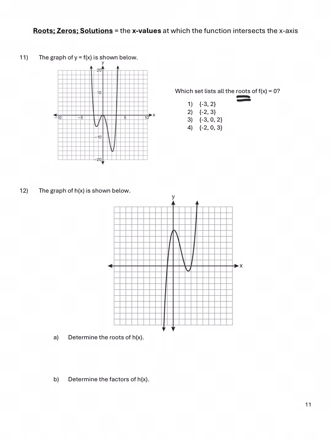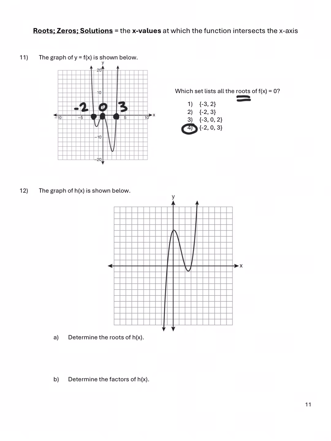So we could see that the function intersects the x-axis right here at -2, right here at 0, and right here at +3. Okay, so -2, 0, and 3. So our roots would be choice 4. They could have asked for the zeros or the solutions as well. Okay, any of that terminology would bring us to choice 4.